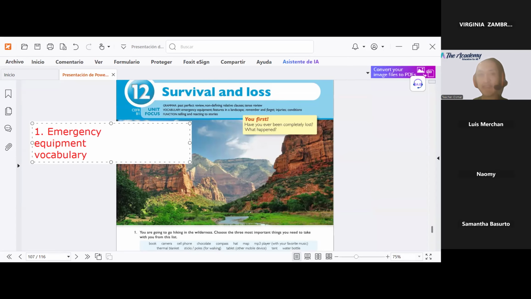Let's carry on to the next. This is also another emergency equipment. Let's carry on with Samantha.